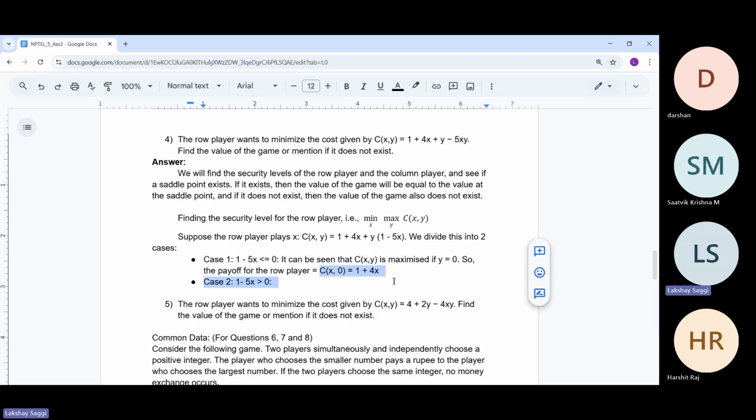Note that if we want to minimize 1 plus 4x, then x should be as small as possible here. But what's the smallest possible value we can have in this case? The smallest possible value will be when 1 is less than or equal to 5x, so the smallest possible value for x will be 1 by 5.